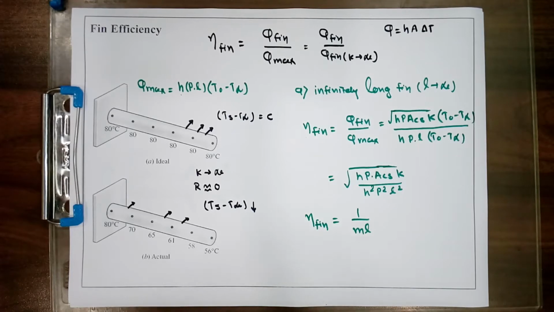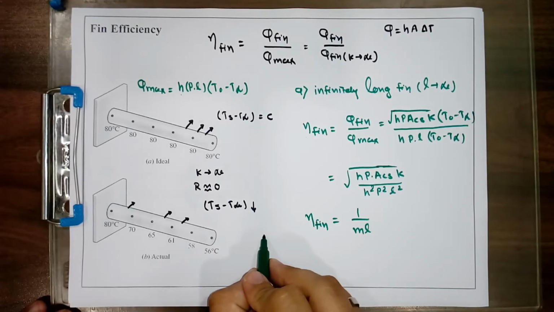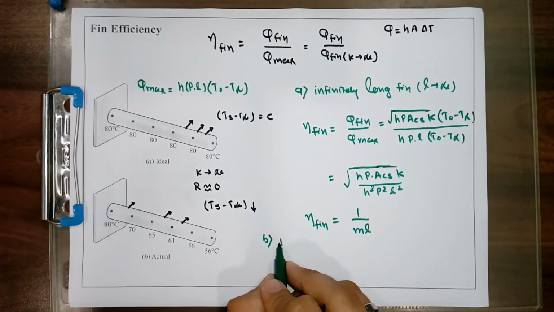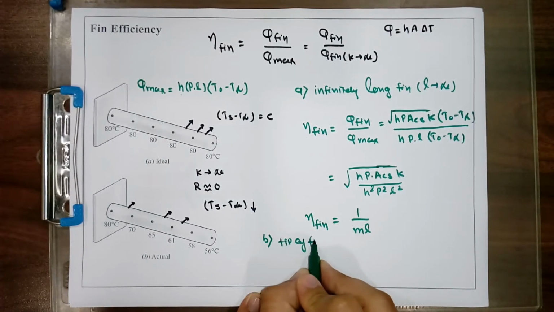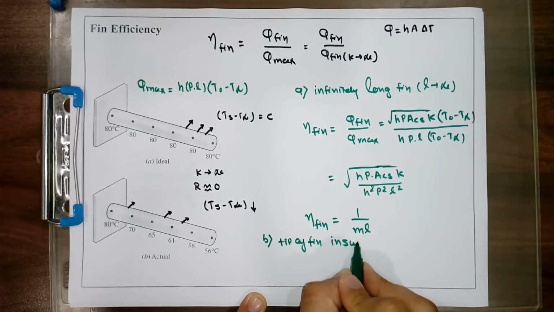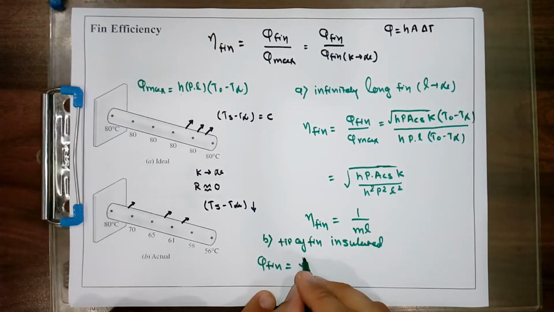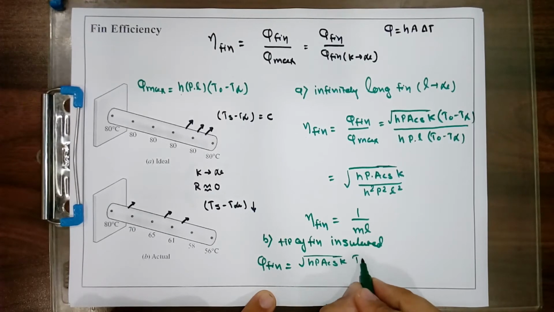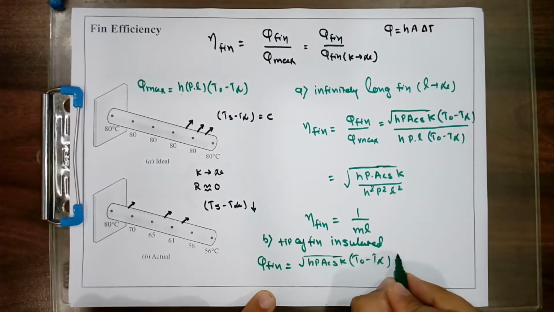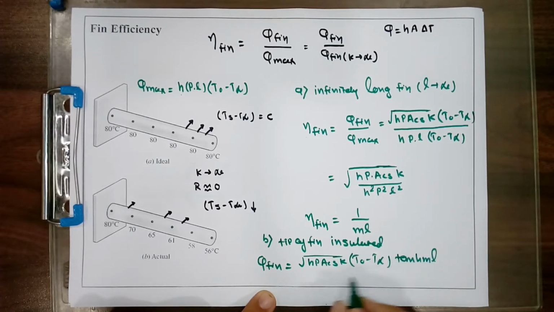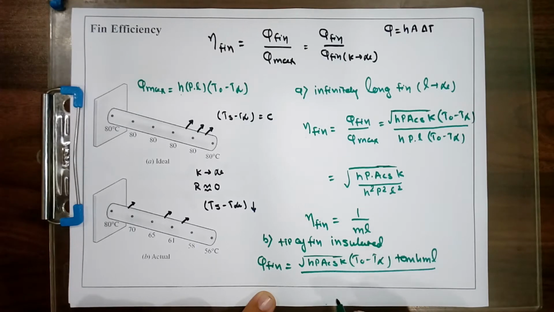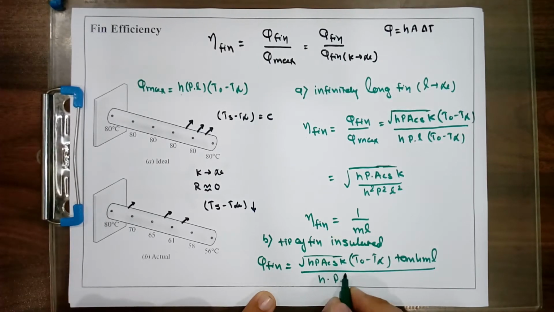So if we go for the second case, that is the fin with insulated tip, in this case q fin becomes under root of h P A cs k (T naught minus T infinity) into tan hyperbolic mL divided by h P L (T naught minus T infinity).